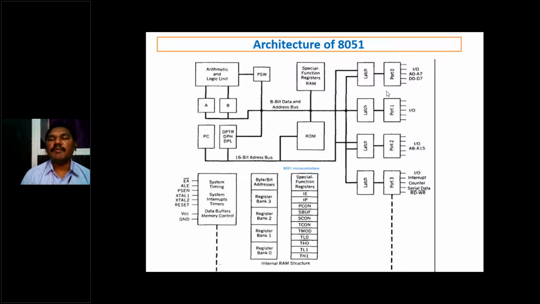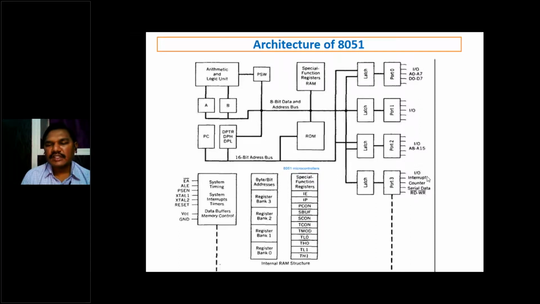As I have shown in the minimum mode and maximum mode timing diagrams of 8086, these address lines and data lines are connected by the latches. Port 0, port 1, port 2, port 3 are all input and output ports. If input and output is not used, port 0 can act as multiplexed address and data lines, port 2 can act as the higher byte address lines, and port 3 can act as a special function port.